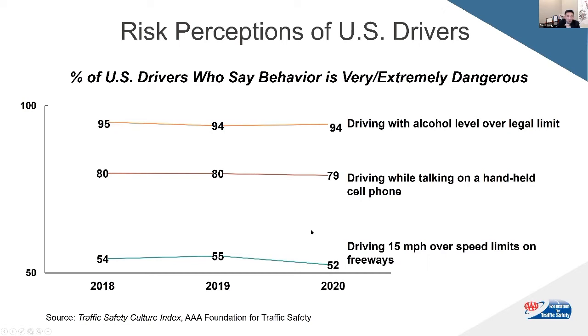And by the way, this data was collected in the fall of 2020 during the pandemic. So people are seeing less traffic on the road, but their overall perception of certain behaviors as dangerous is still higher. I've just shown a few examples; we have a lot more listed in our report.